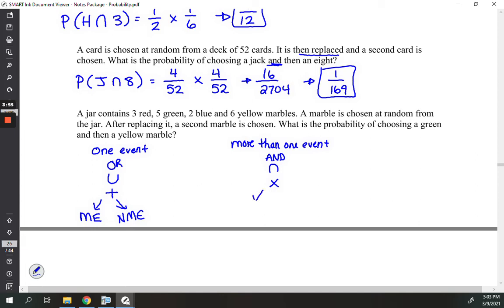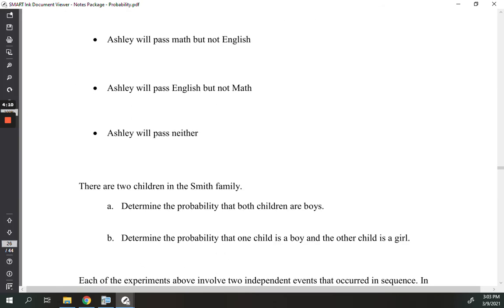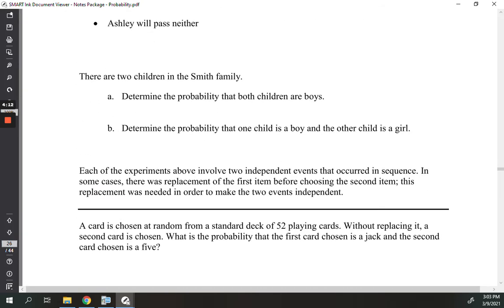And now we have to be careful to think if our events are independent or dependent. So far, we've just talked about independent events. The next few on the next page are also independent events, but let's skip down and see what it looks like if we have a dependent event.